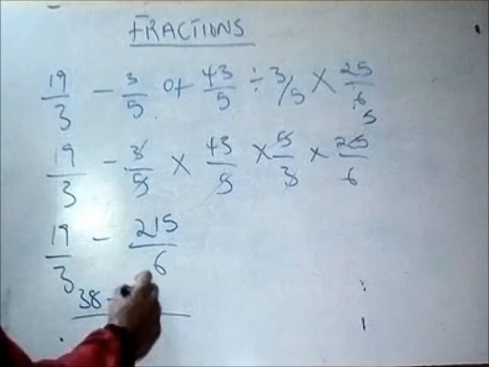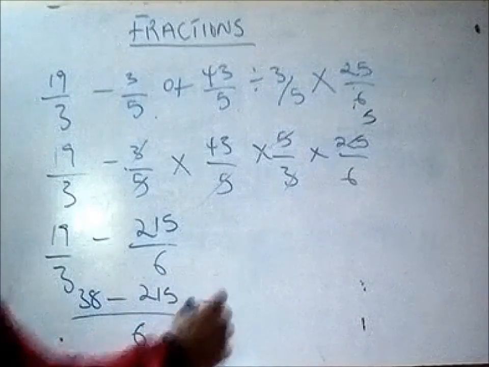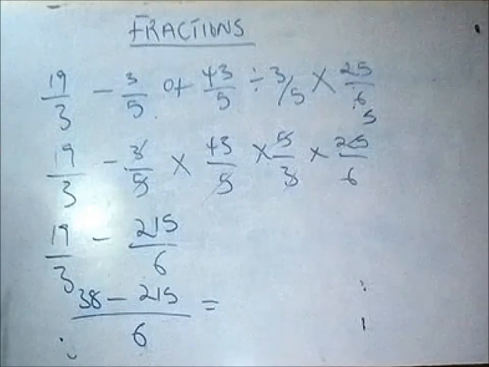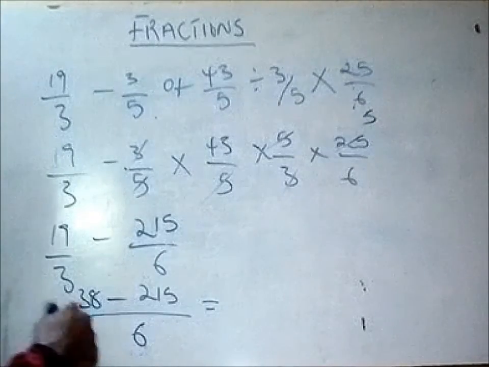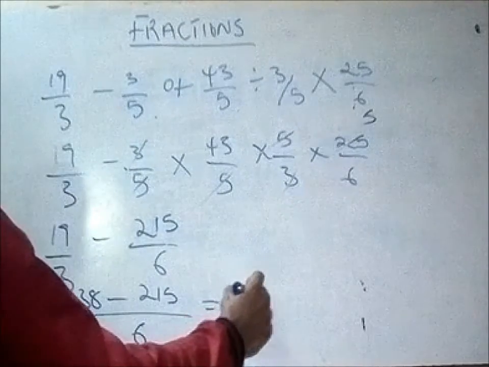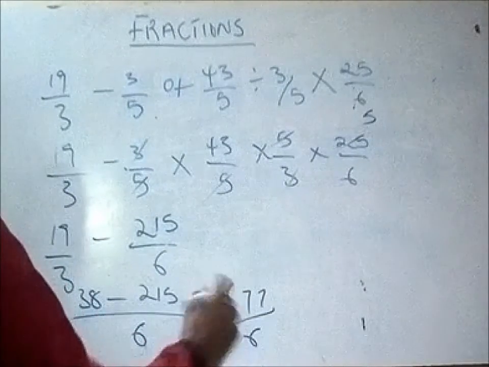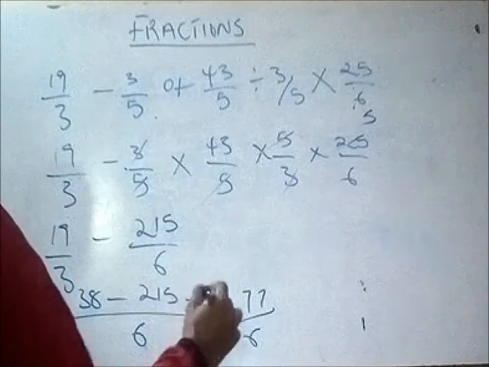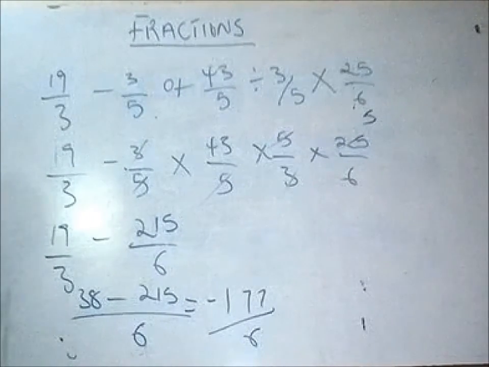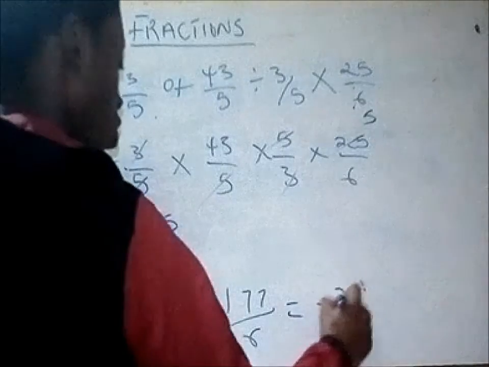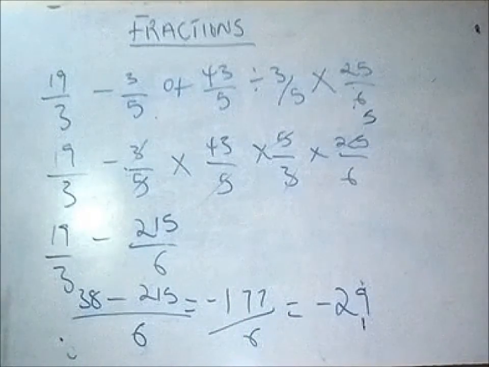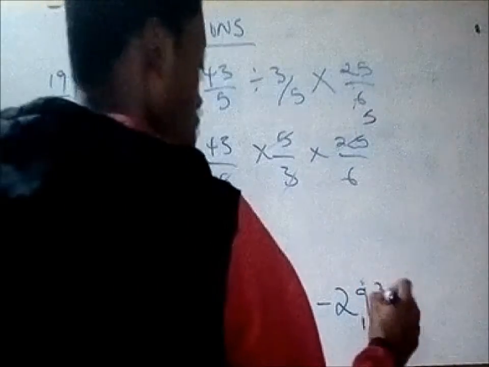We're having 38 minus 215. So that will be giving us minus 177/6. So we're having equal to minus 177/6. And that, if you change to a mixed fraction, is minus 29 3/6.